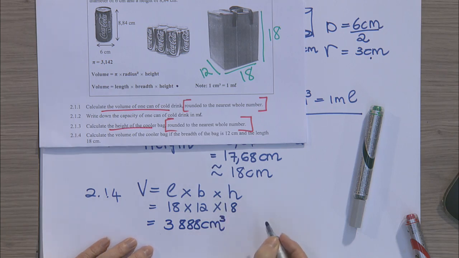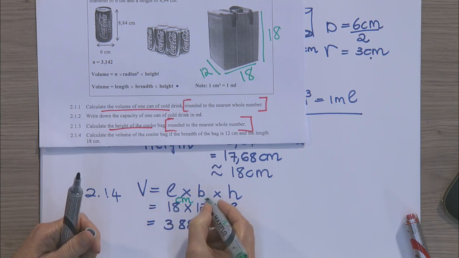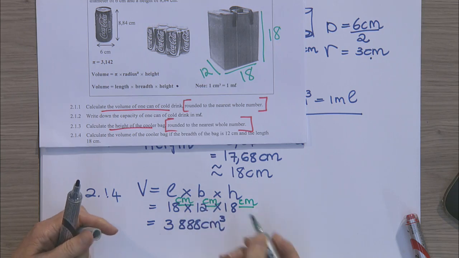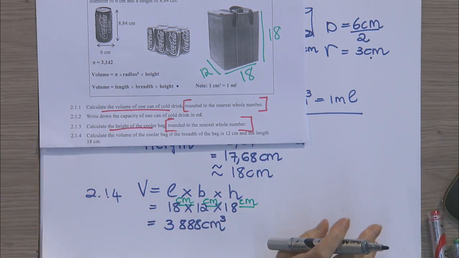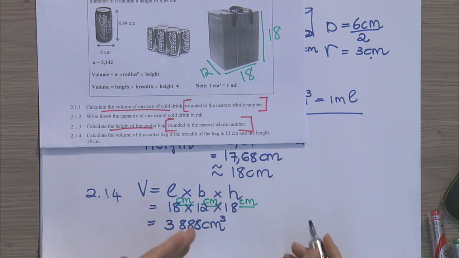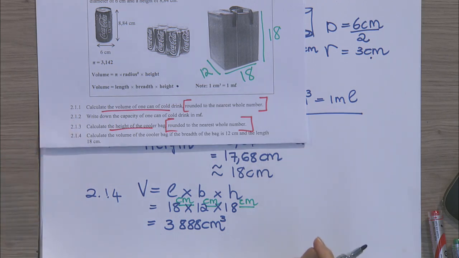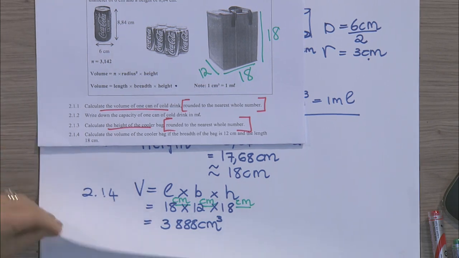Why could I multiply one with the other? Because it was 18 centimeters, 12 centimeters, 18 centimeters. All the measurements were the same in the sum. Therefore, I could do the multiplication. No need to do any conversions. All right, so that was the end of 2.1.4.